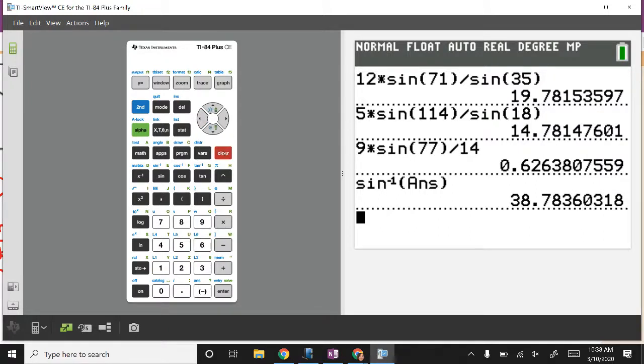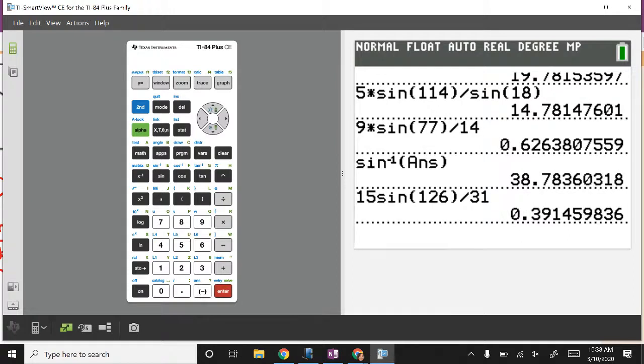Oh, everything went away. Sorry. 15 times sine 126. Close it. Come on, fat fingers. Divided by 31.